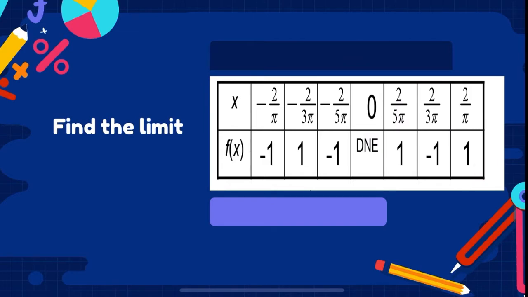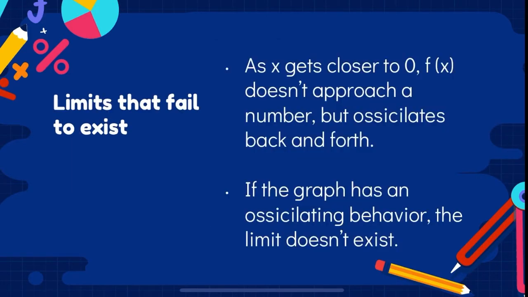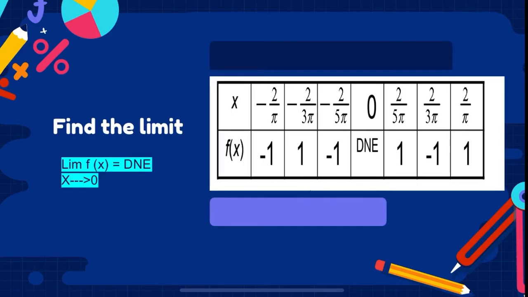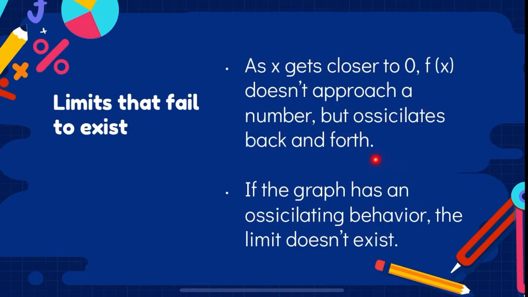What does that mean? It means that here we have an oscillating behavior, and for that we have a rule. Let's look into this rule. The rule says that as x gets closer to 0, and here x is getting closer to 0 time by time, f of x doesn't approach a number, which means the limit doesn't exist, and instead it oscillates back and forth.